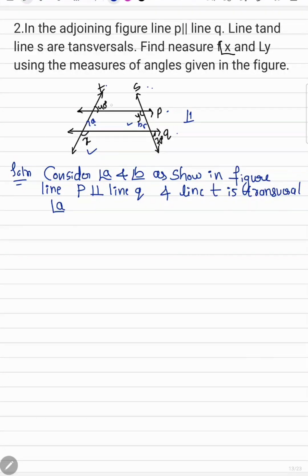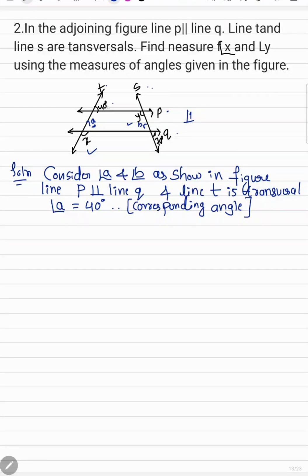So angle A is 40 degrees, and here we write in bracket, corresponding angle.